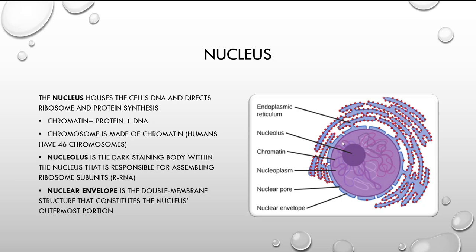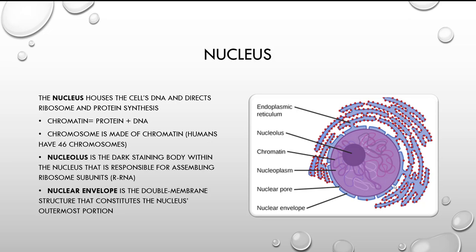Okay, so if we look inside the nucleus, we have our chromatin, that's housed on our chromosomes, and then we have our nucleolus that has the rRNA, okay, that makes the ribosomes. And then we have our nuclear envelope that surrounds it. So our nuclear envelope is a double membrane. And if you look at our double membrane, you see there's little gaps.